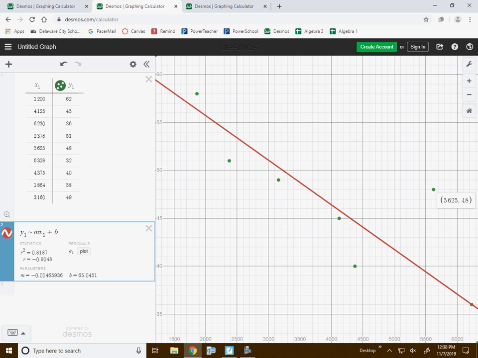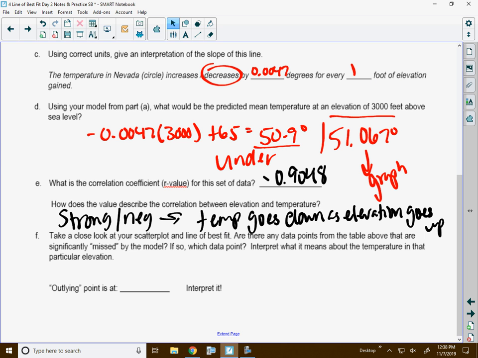So that one is just really weird. For some reason, the temperature was weirdly high right there. Okay, so there was maybe a pocket of warm air there. And so for interpret, you can just say temperature was high.